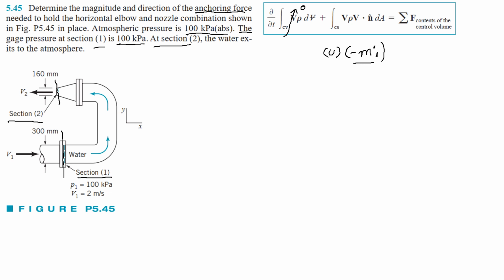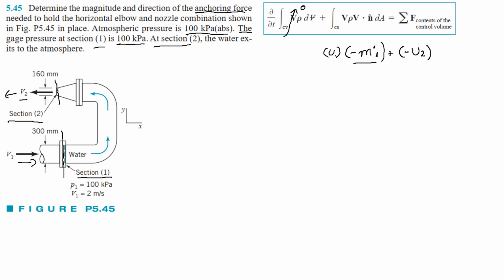So it is the mass flow rate of the fluid going in, plus my velocity, minus u2. This is my velocity. This is along the z-axis, so that's why I am using the u vector sign.